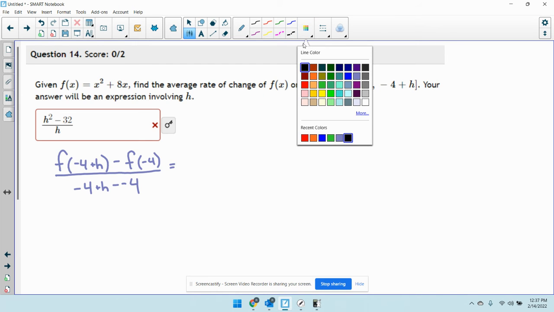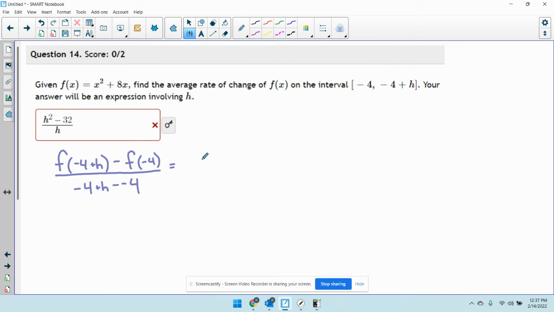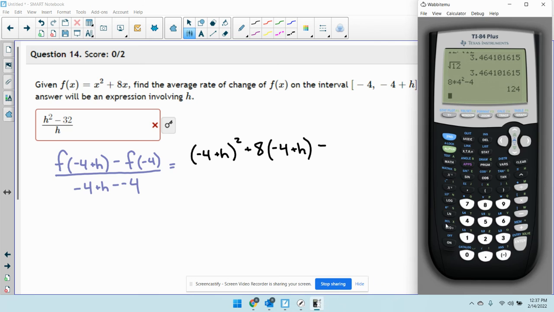So the top, f of negative 4 plus h, is negative 4 plus h squared plus 8 times negative 4 plus h minus, I'm just going to figure out what that is first. Negative 4 in for there. So I'm going to do parentheses.